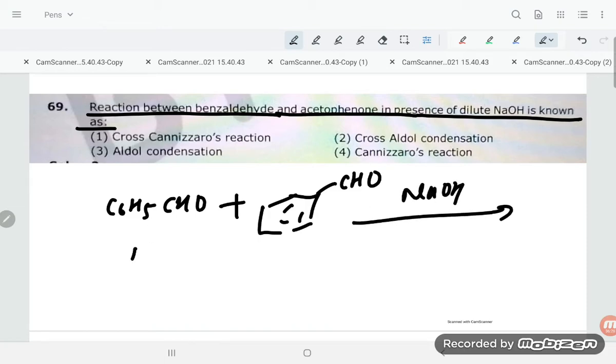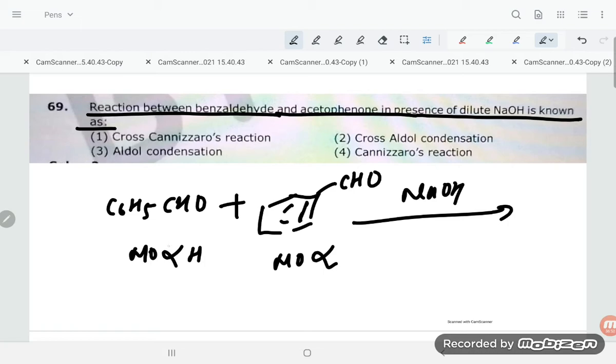Benzaldehyde has no alpha hydrogen. If it were no alpha hydrogen on both, that would be Cannizzaro reaction. But wait, is there alpha hydrogen, students? Here you see 1, 2, 3, 4, no. And here there is also no alpha hydrogen.